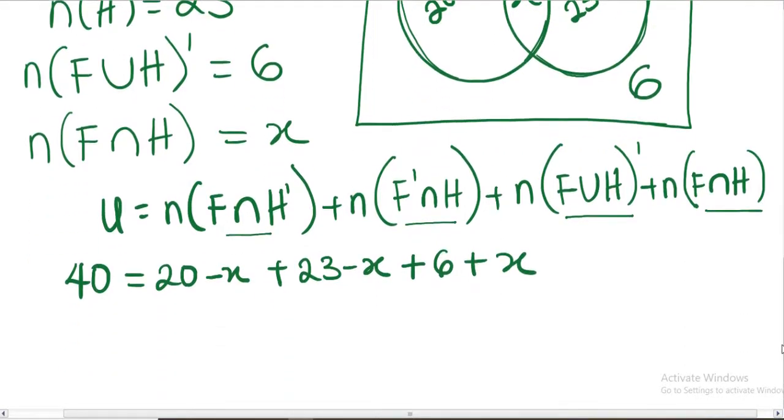So what we are going to do now is to collect items and make x the subject of the formula.